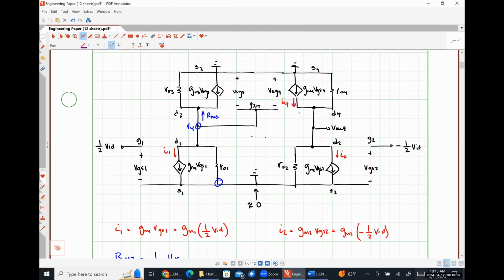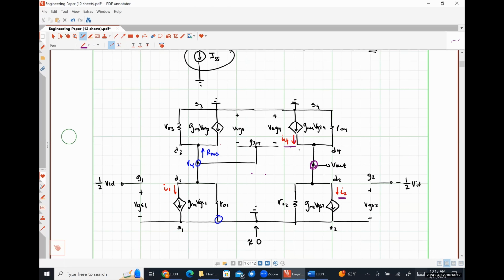Let's do KCL at this node. Right here, using this guy and this guy. So we have a current of I4 flowing in.